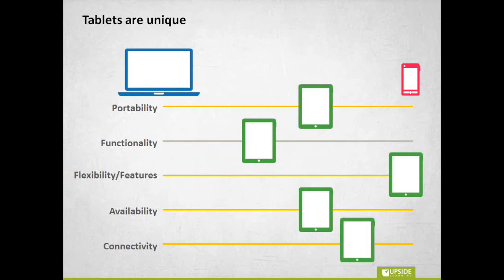In connectivity, I think they would be as good as a smartphone, just that sometimes you end up buying only Wi-Fi versions, so they don't have 3G connectivity. So they might be slightly lower on connectivity as compared to the smartphones. So in a way, this is where the tablets really fit in. Now what's very important to take away from here is we believe tablets are unique in the way that they are merging PC technology with mobile technology.